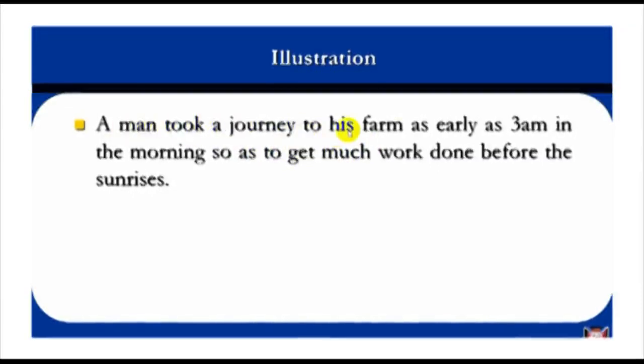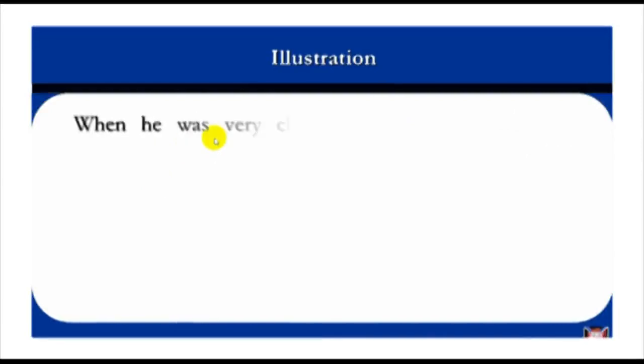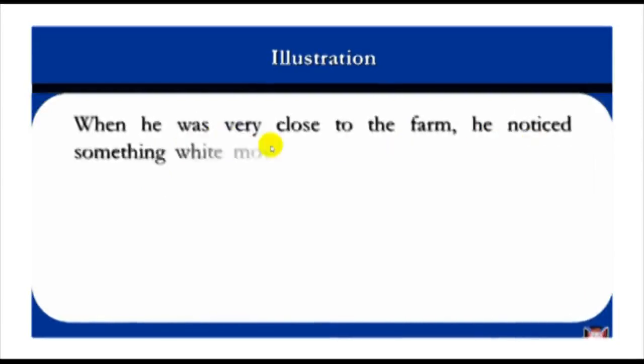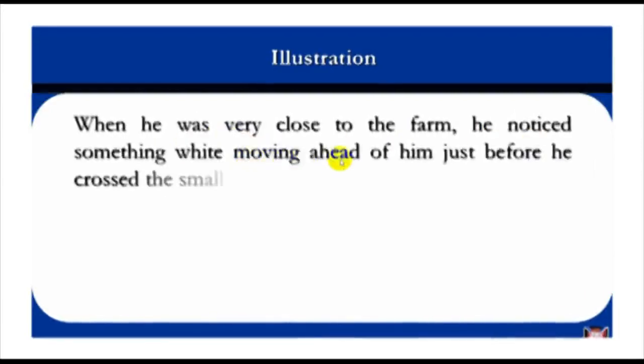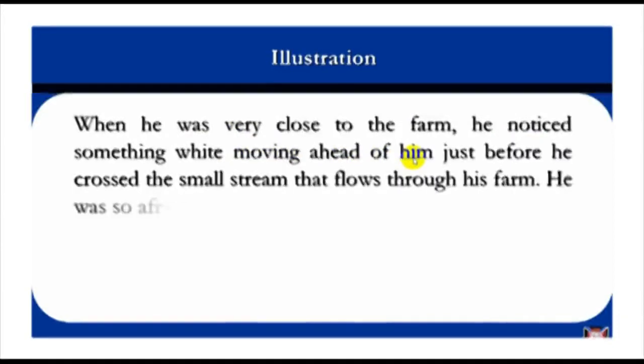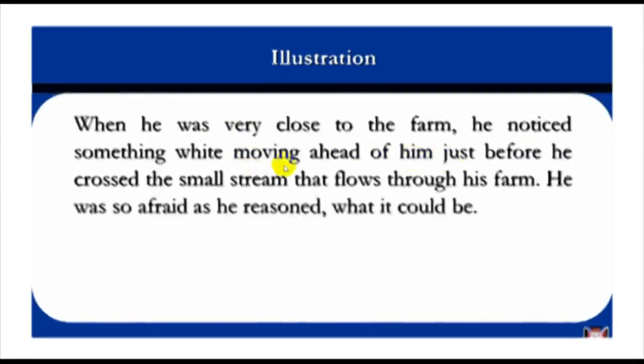Illustration. A man took a journey to his farm very early in the morning, as early as 3 a.m., in order to be able to get much work done before the sun rises. When he was very close to the farm, he noticed something white moving ahead of him just before he crossed the small stream that flows through his farm.